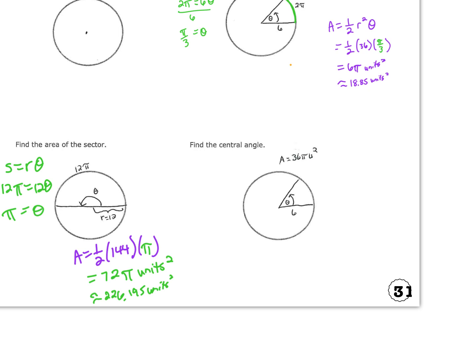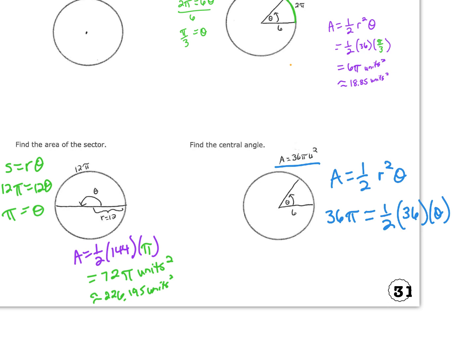Okay, last one here. In this one, if you notice, we are given the area. We've got to work backwards and figure out our theta. So our formula says 1/2 r squared theta. We're going to plug in 36 pi equals 1/2 times 36 times theta.